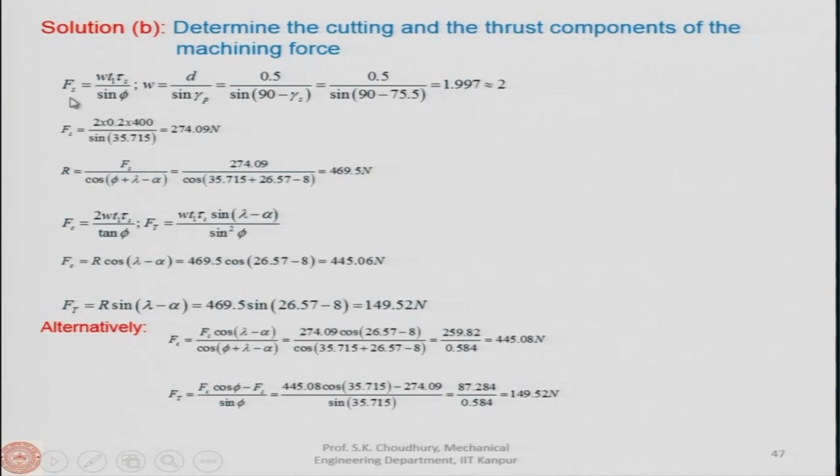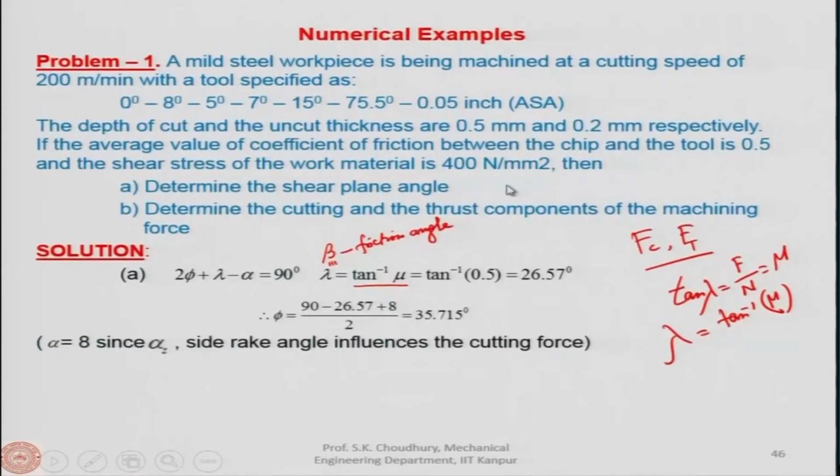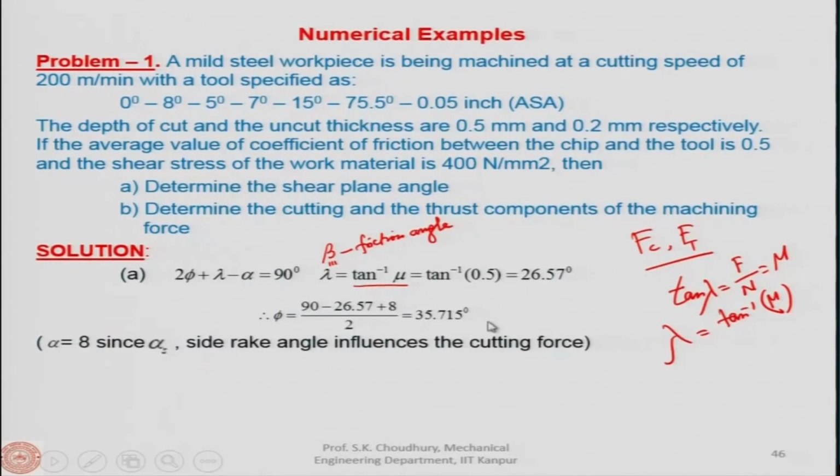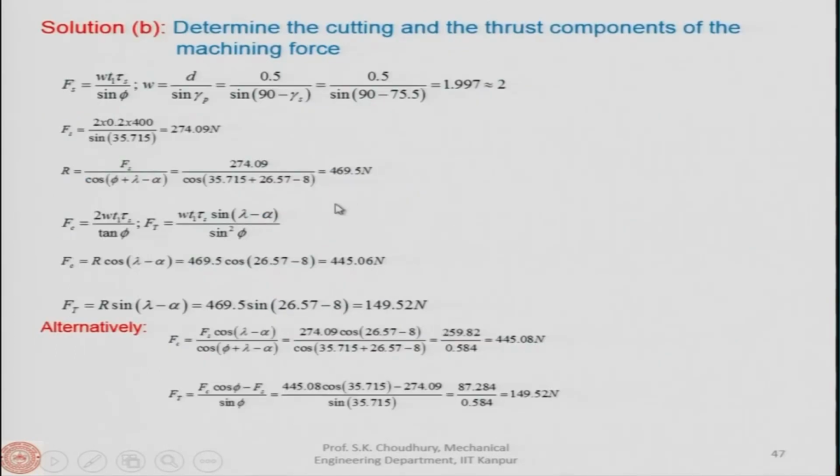Now, this will be around 2, that is 1.997, which is 0.5 by sin of 90 minus 75.5. Having found W, we then find Fs. W we found out as 2, t1 is 0.2, tau s is given as 400 Newton per millimeter square, and sine of phi is 35.7715, which we already found out.